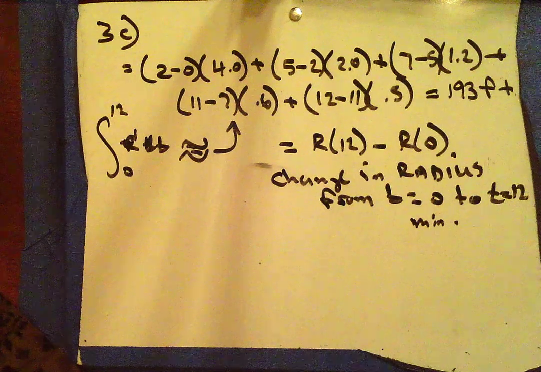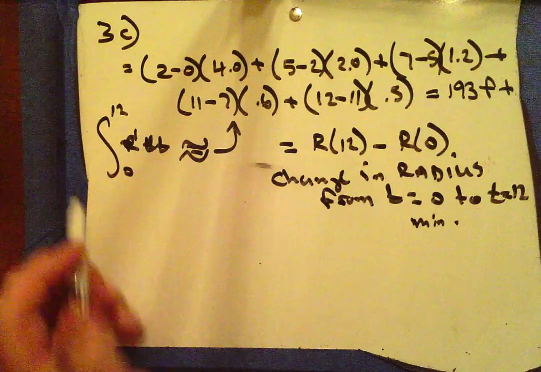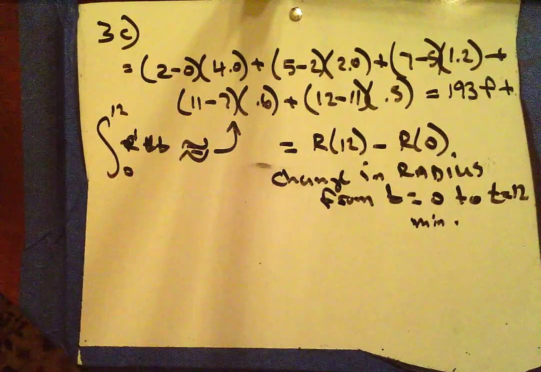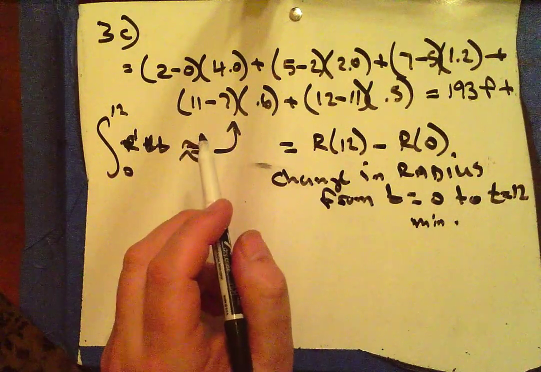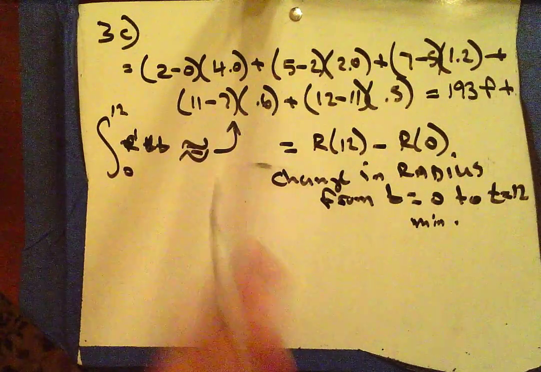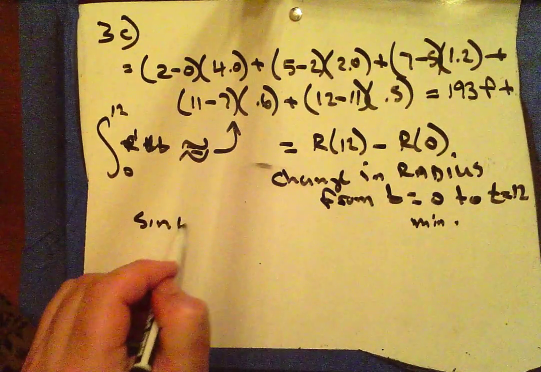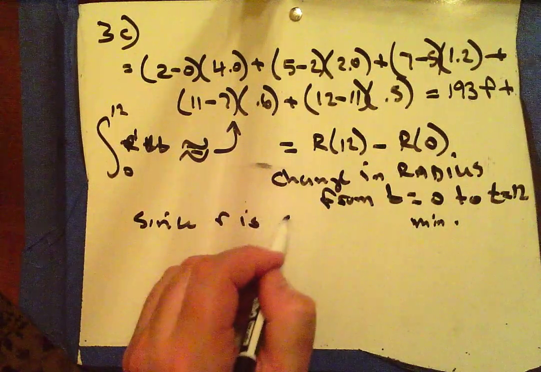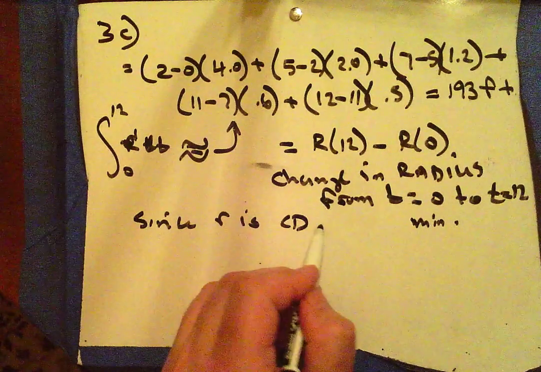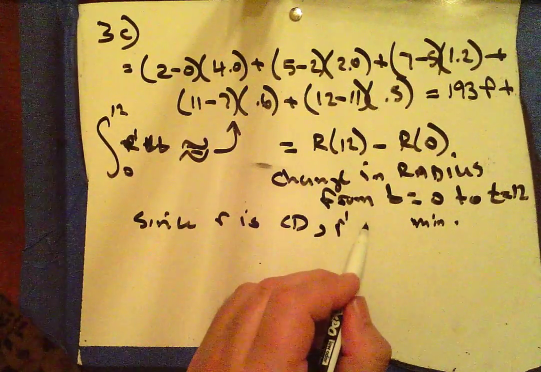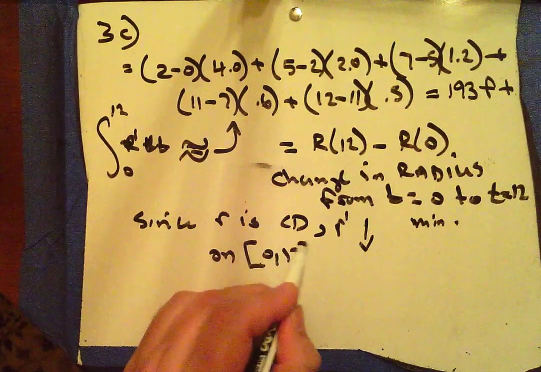Is your approximation in part C greater than or less than the actual value? So we did a right Riemann sum, and r is concave down. R prime is decreasing on 0 to 12.